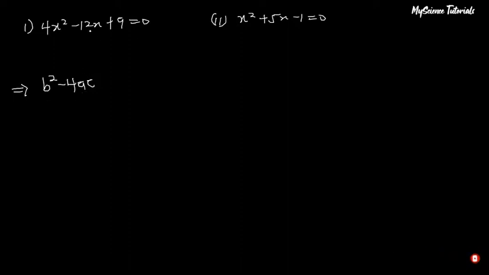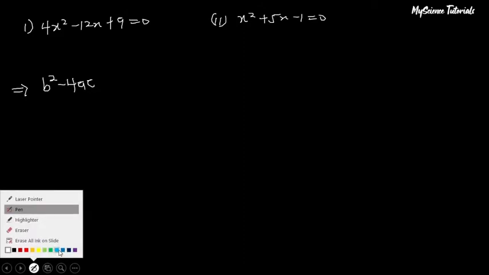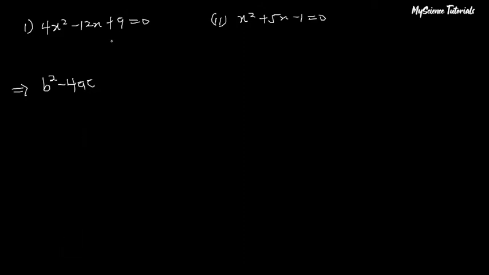So if I compare this first equation, let me use another color, to the general way of writing a quadratic equation, that is ax squared plus bx plus c is equal to 0, I realize that my a value will be 4, then my b value here will be negative 12, then my c value will be the positive 9 that I have over here.